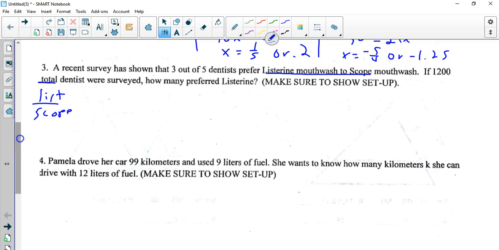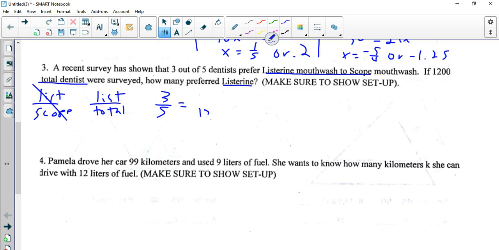Well, now we're looking at the total dentists, and we're talking about Listerine. So we don't really care about Scope now. We want to know Listerine compared to the total number. So our magic ratio is 3 out of 5. 3 like Listerine out of every 5 total dentists.